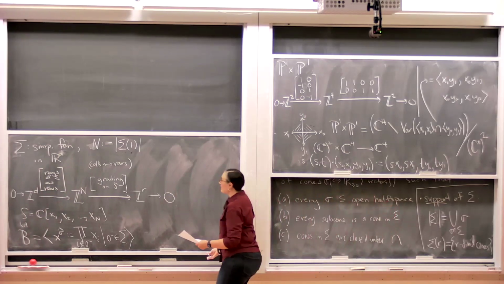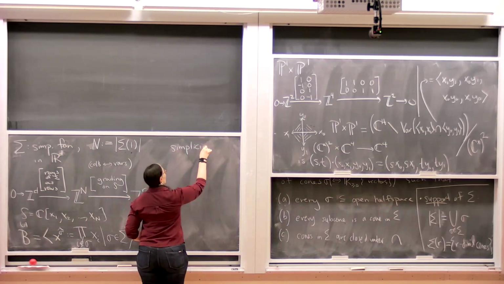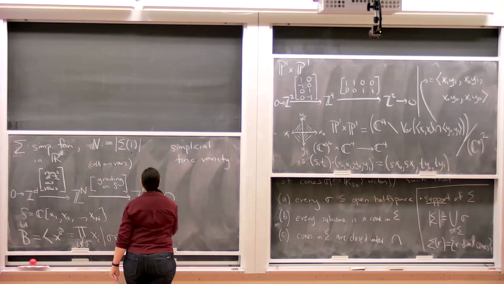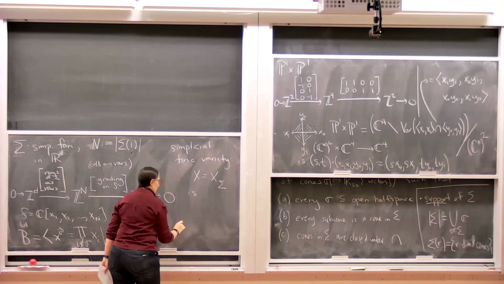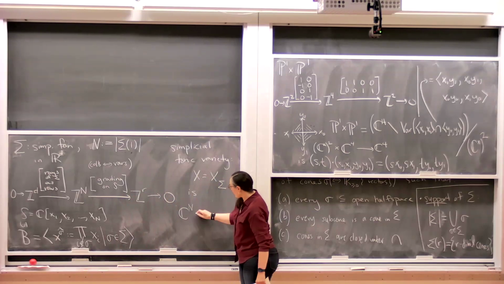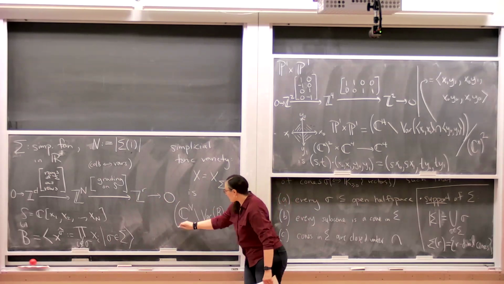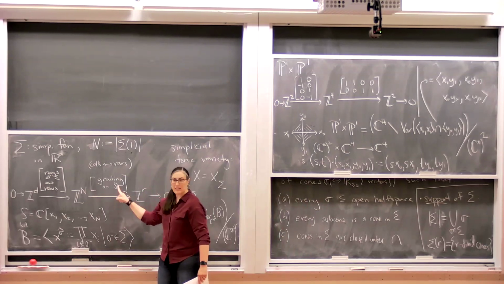All right, a simplicial toric variety associated to sigma, X sigma, is now, I'm going to take my C to the capital N, remove the variety inside of C to the capital N of this ideal B, and take this whole thing and quotient by a C star to the R action, which is exactly the thing given by the columns of these.